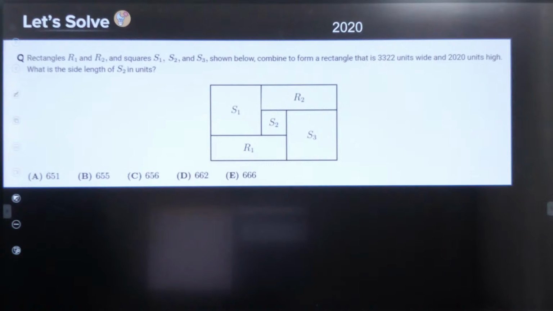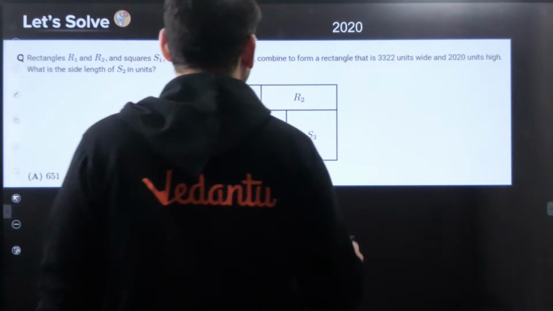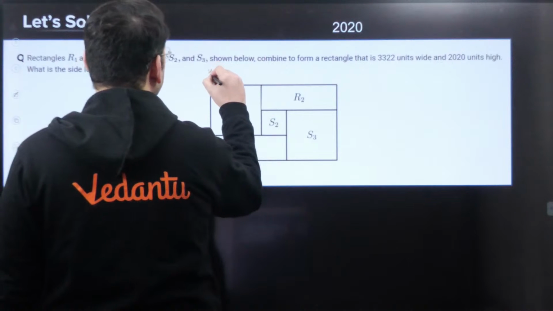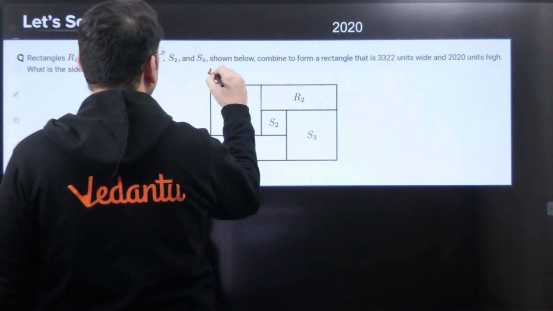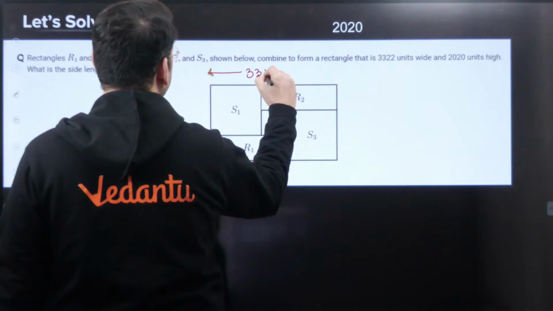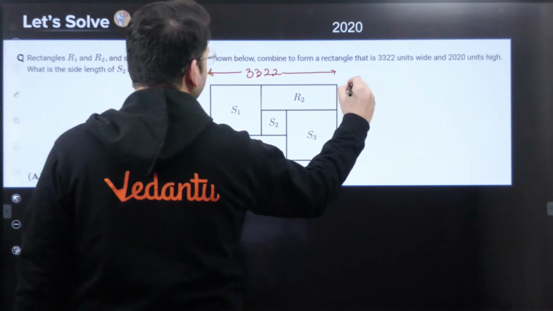The two rectangles R1, R2 and the squares S1, S2, S3 are combined to form a rectangle, whose dimensions are 3322 and 2020.